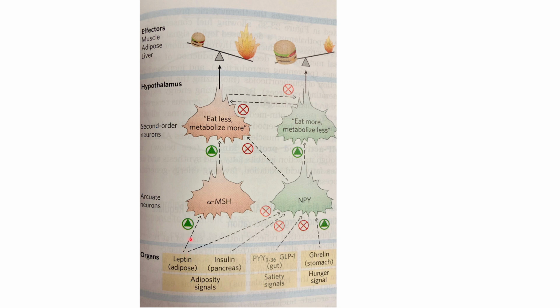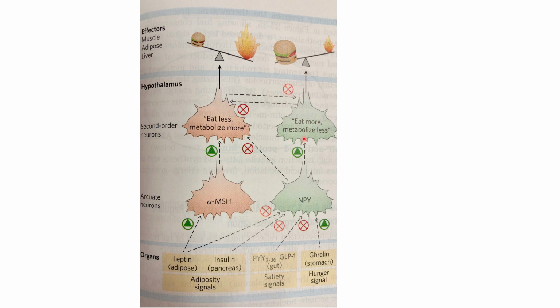So leptin has opposing effects on the melanocyte stimulating hormone and the neuropeptide Y, and these are ghrelin, again GLP-1, which I call your attention to, and these are cases where you get inhibitory effects on these.